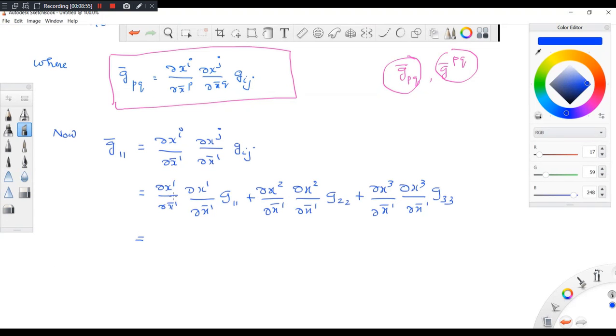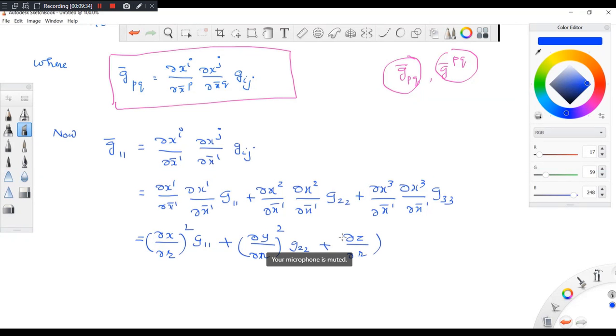Okay, and what do you mean by this? This means (∂x1/∂r)² G11 plus (∂x2/∂r)² G22 plus (∂x3/∂r)² G33.